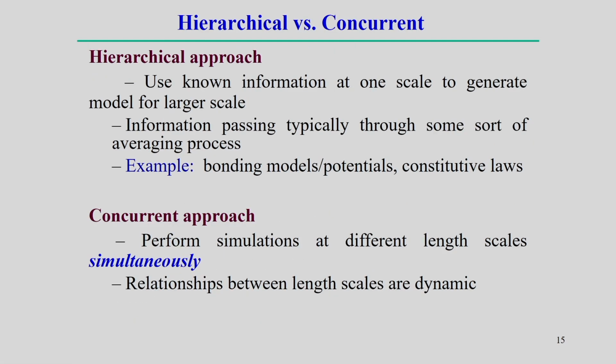Now, some definitions: the hierarchical approach and the concurrent approach. The hierarchical approach uses the known information at one scale to generate the model for the larger scale. Basically, we get the information at a lower scale and supply this information to the larger scale to develop that model. Information passes through some sort of averaging process, already explained.